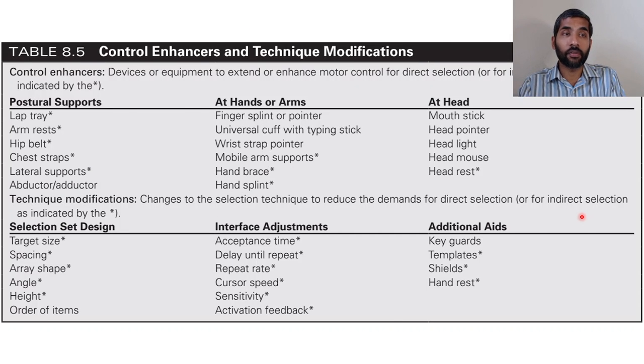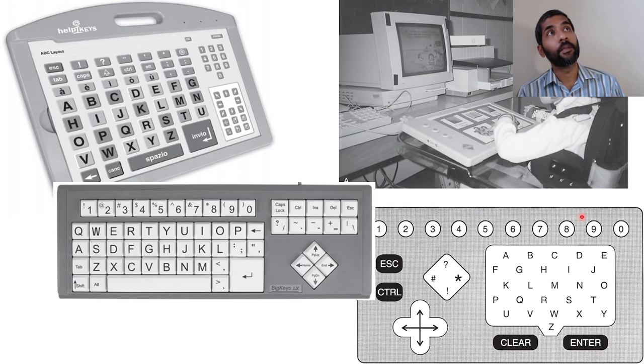So, for example, let's say there is a person whose fingers don't work for whatever reason. They can't actually move their fingers and make a choice. Their hands can move, but their fingers don't move. One of the examples would be if they have Parkinson's.